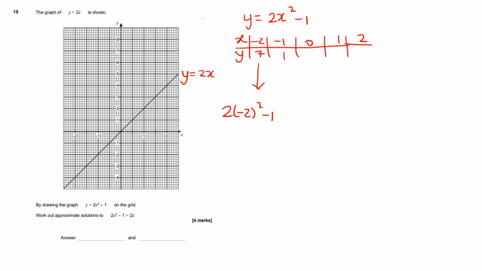If I substitute 0 in here, it's just going to be giving me the y-intercept. This is 1 again, and that's 7. So I've got -2 and 7, I will plot it. -1 and 1, 0 and -1, 1 and 1, and 2 and 7.